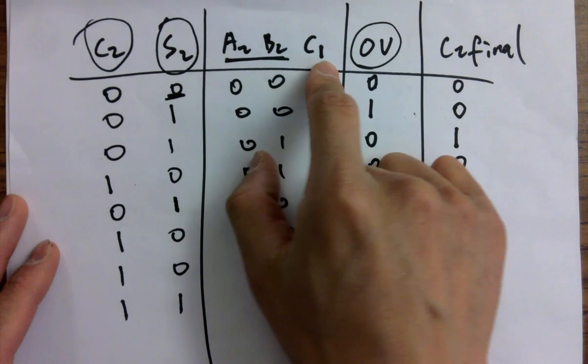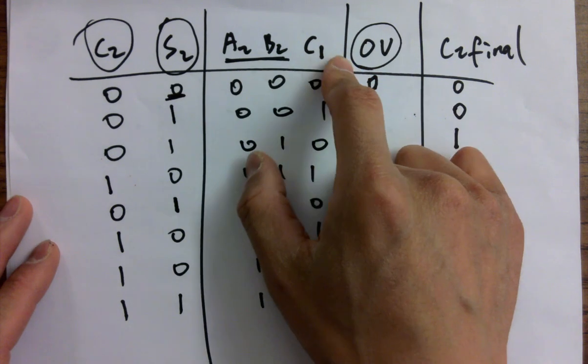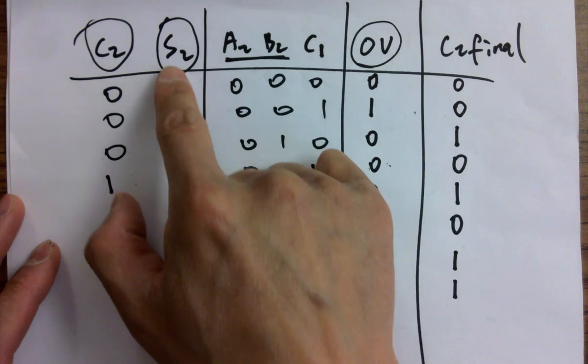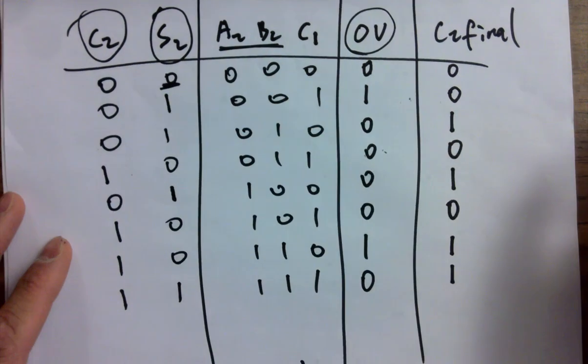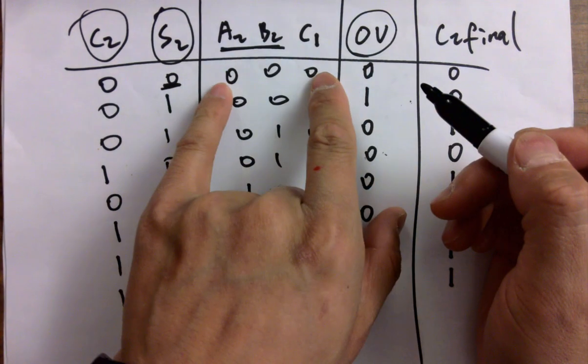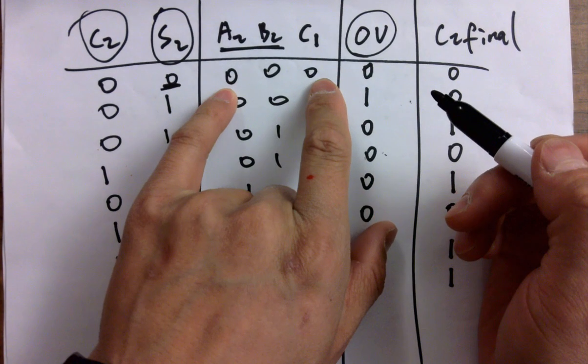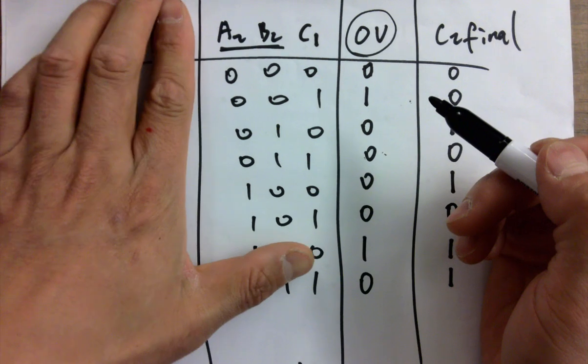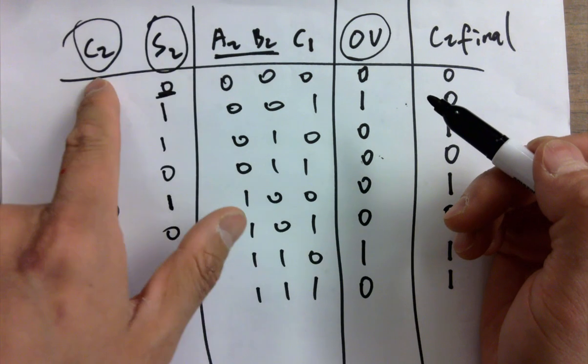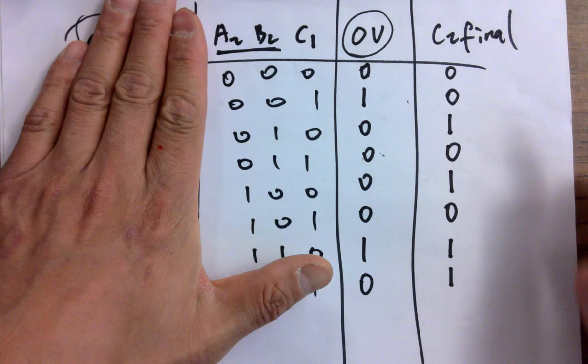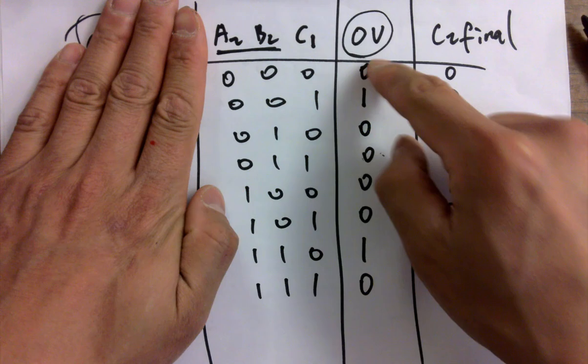So if we only use these 3 bits, it should be fine. OV could be just the 3 inputs determined. Since if we don't derive these 2 bits, we only have these inputs, we could also find these as well, right?